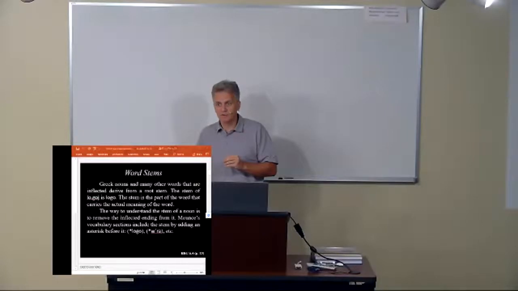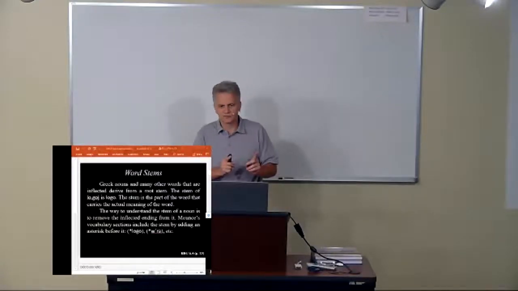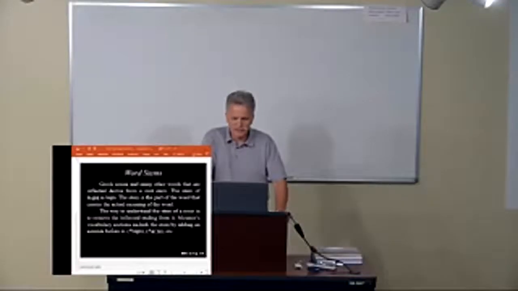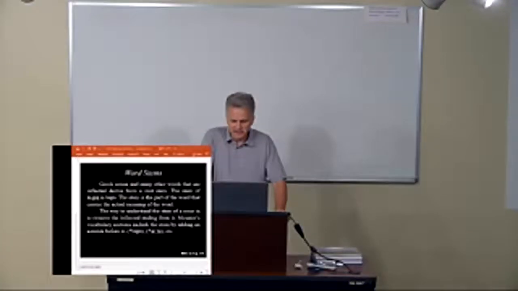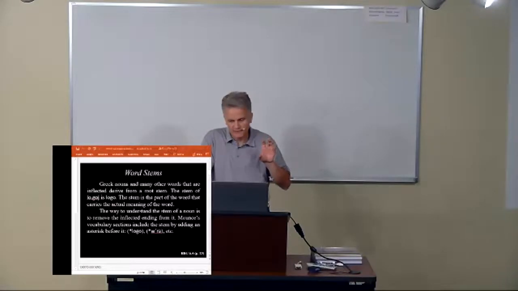You won't know it, but that's why it's stressed now that you need to realize that that is the true stem. The stem is the part of the word that carries the actual meaning of the word. The way to understand the stem of a noun is to remove the inflected ending from it. And in this case, that's just the sigma that comes off.